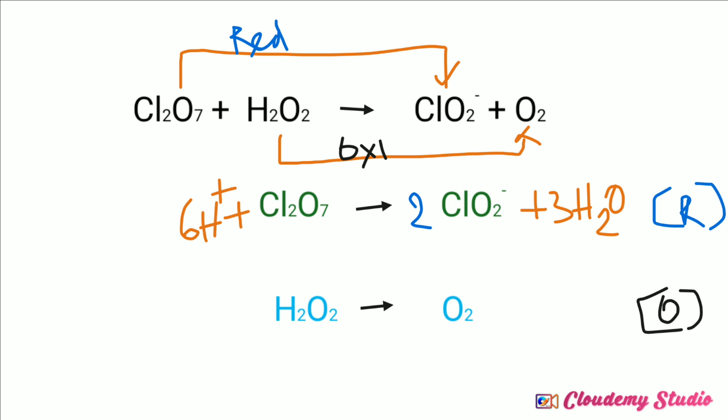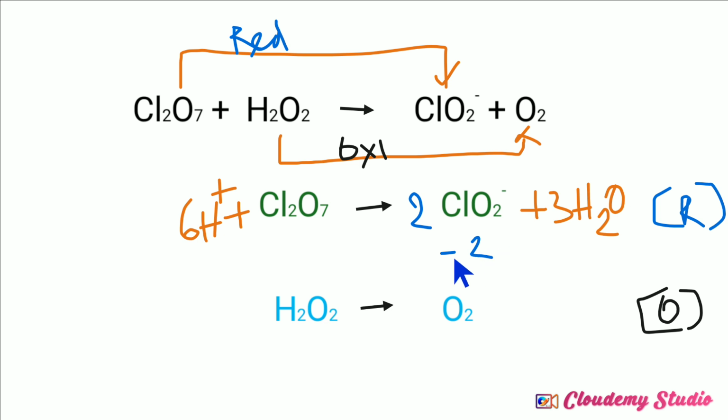Now we can check the charges of the equation. On the right hand side, the total charge is -2. Water has no charge. The chloride ion only has a charge, one negative charge, and it has a coefficient 2. Therefore the total charge is -2.